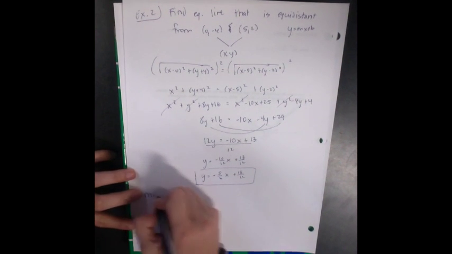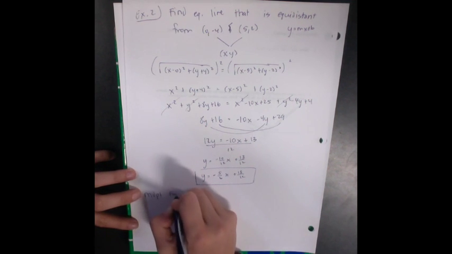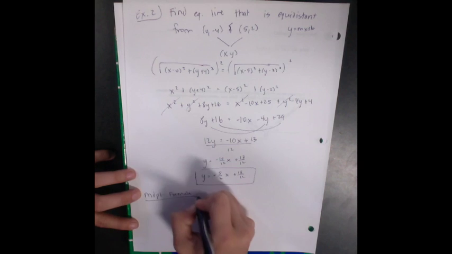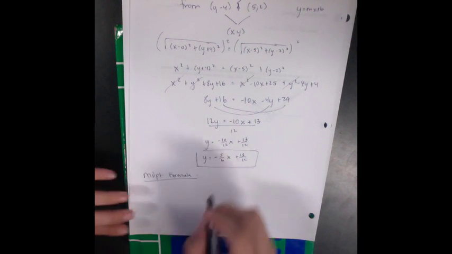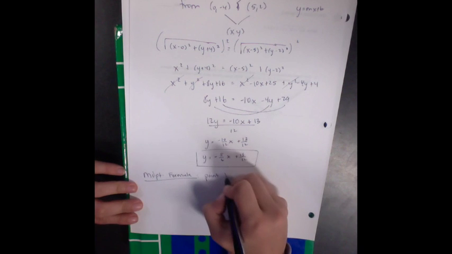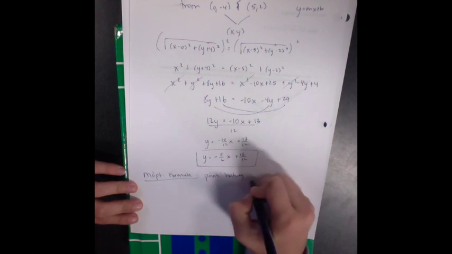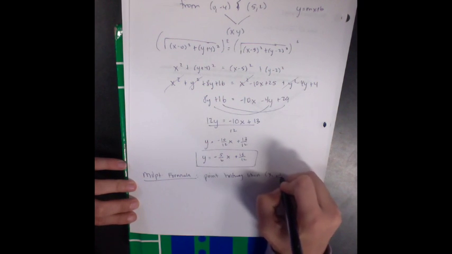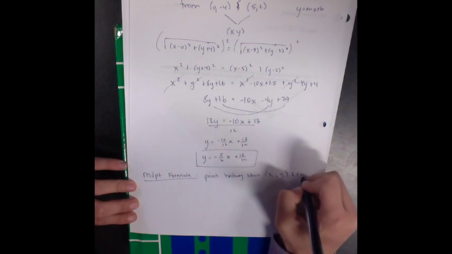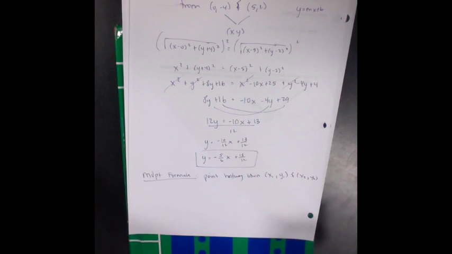Now let's talk about a new formula, the midpoint formula. It's a point, okay? It is the point that is halfway between two others, and in this case I'm going to show you between (x1, y1) and (x2, y2).